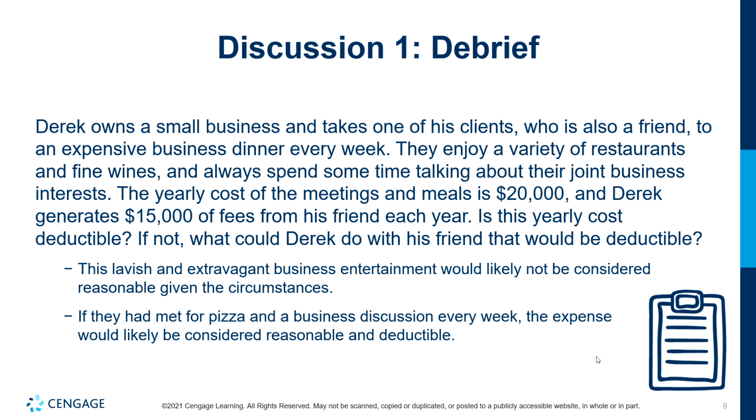Now, if he wants to deduct it, then be reasonable. If they suggest meeting for a pizza and having a business discussion every week, the expense will likely be considered reasonable and deductible. Again, if you go too crazy, it will immediately send up red flags to the IRS, who are going to go, that doesn't seem right.